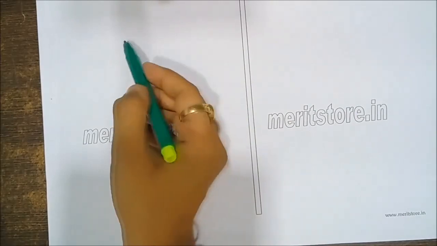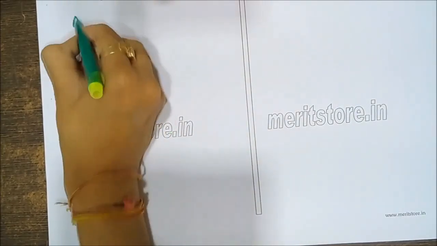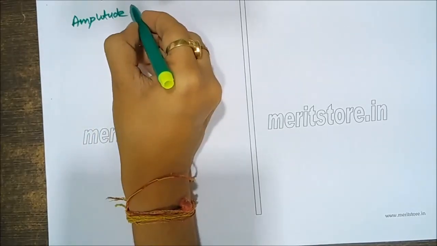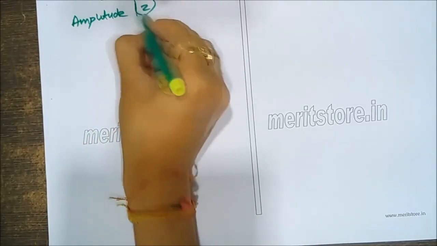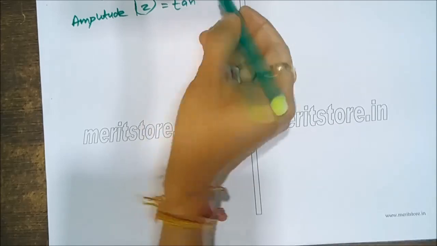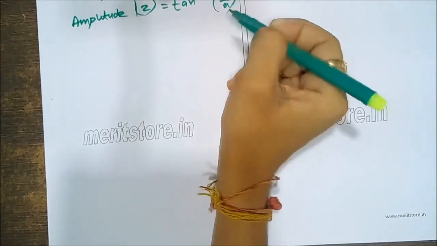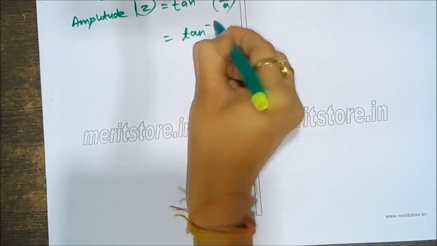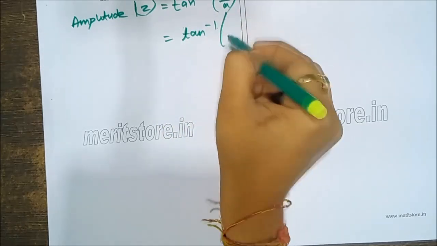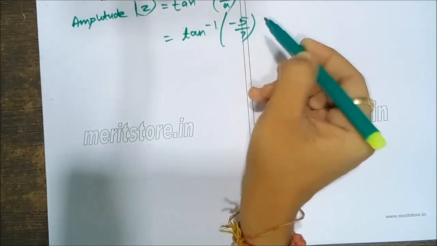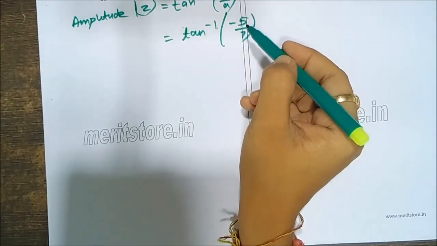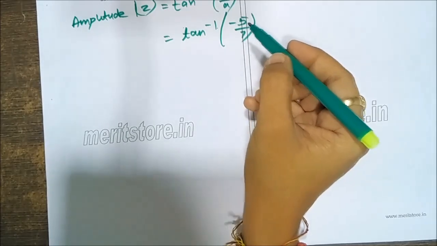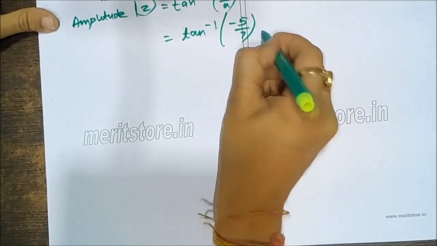And when I have to find the amplitude of it, I would say tan inverse of b upon a, that is tan inverse of minus 5 upon 7. Right. So, as simple as that. You will keep it as it is.